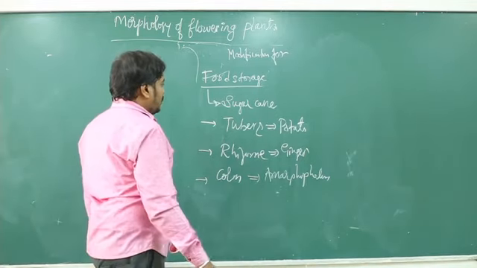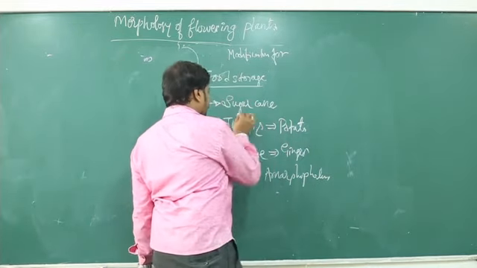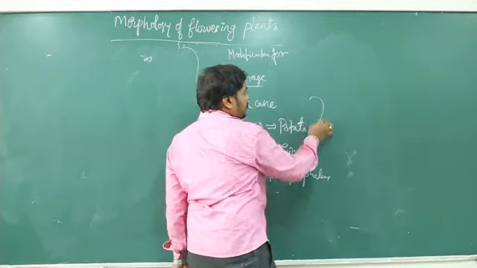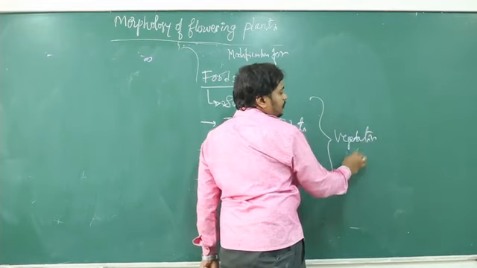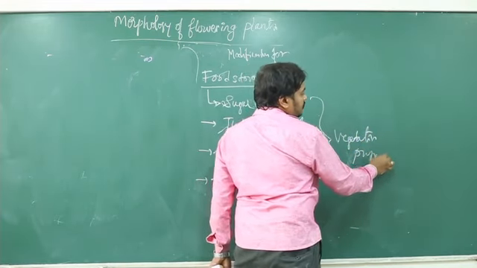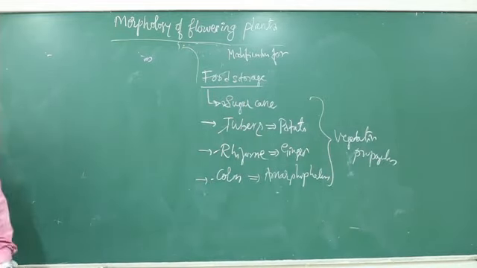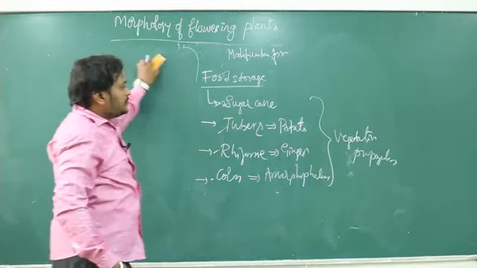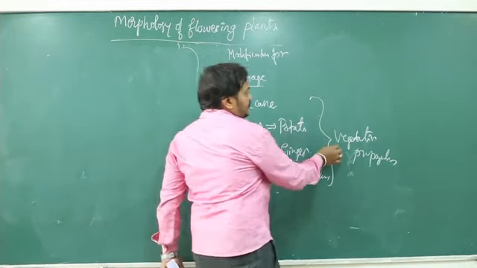Along with food storage, sugarcane, tuber, rhizome and corm can also be used as vegetative propagules. So this is one kind of modification for food storage as well as vegetative propagules.